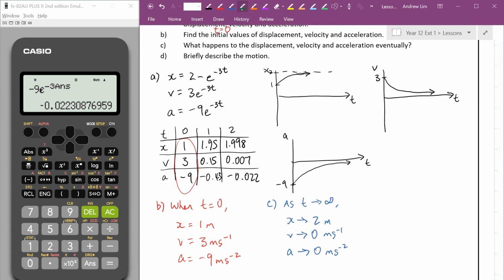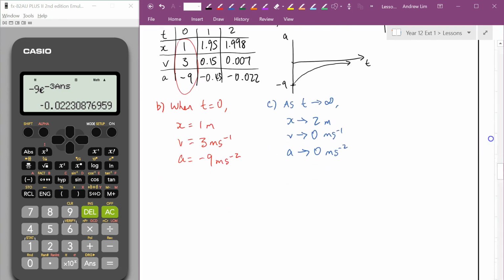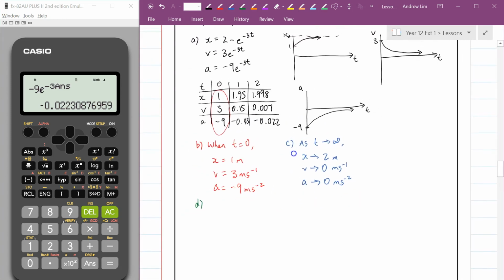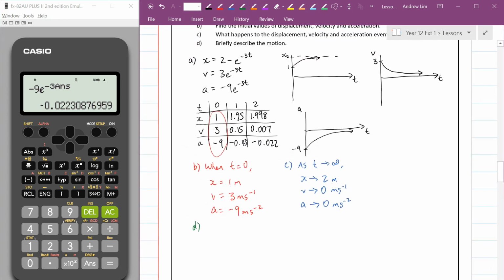And last one, briefly describe the motion. Alright, let's do that down here. So what's actually happening? It might help to look at the graphs. I personally prefer to just look at the displacement graph to see what's happening.